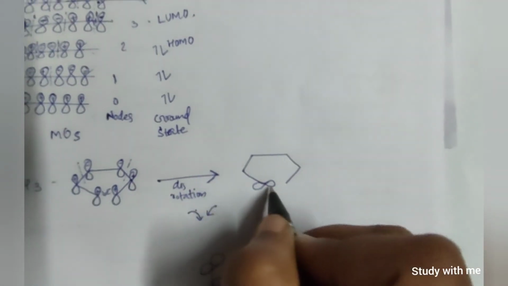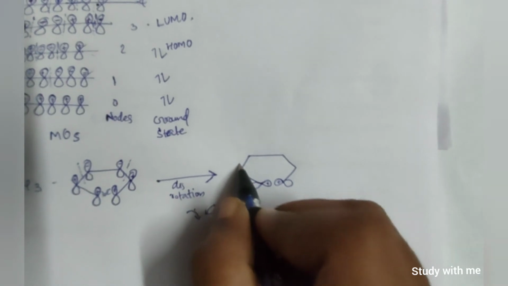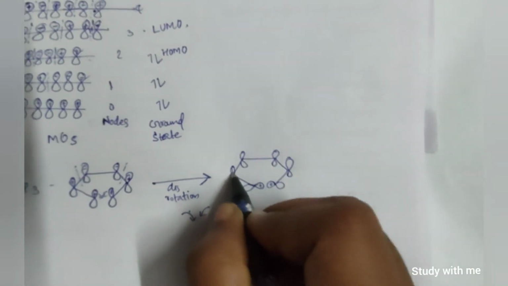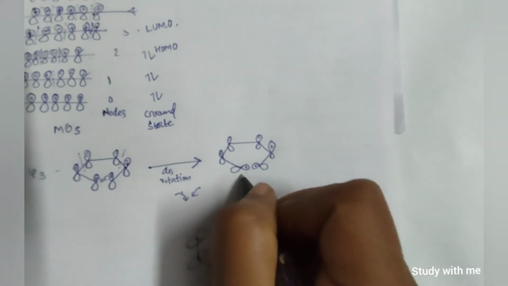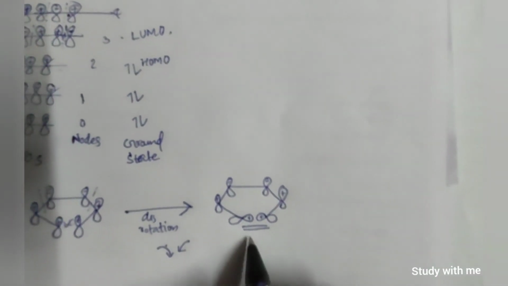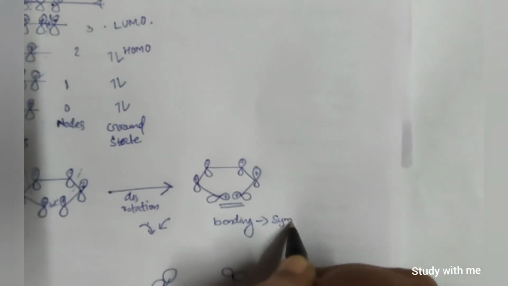So here this positive will be here, and this positive sign will be here, and the other ones will be the same as in the previous one. So here positive, negative, negative, and positive. So here we get that these 2 are positive signs, so this can be a bonding. So this will be symmetrically allowed.